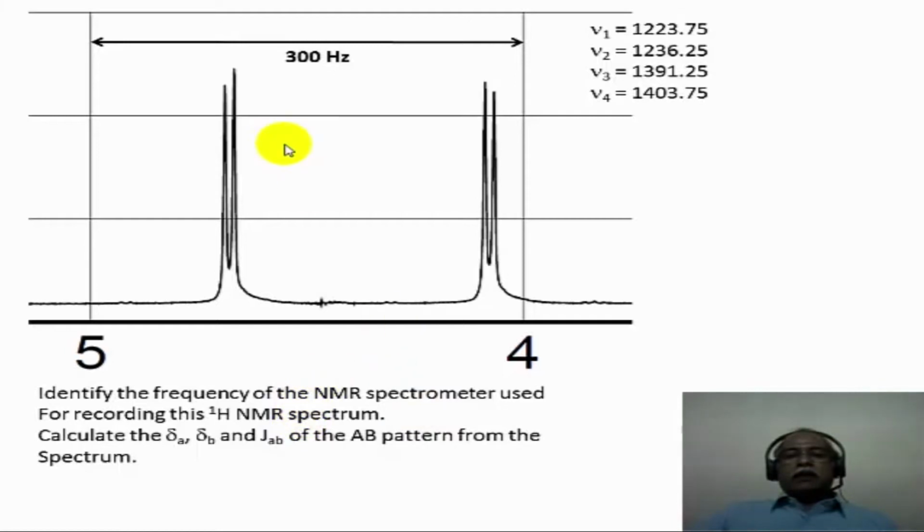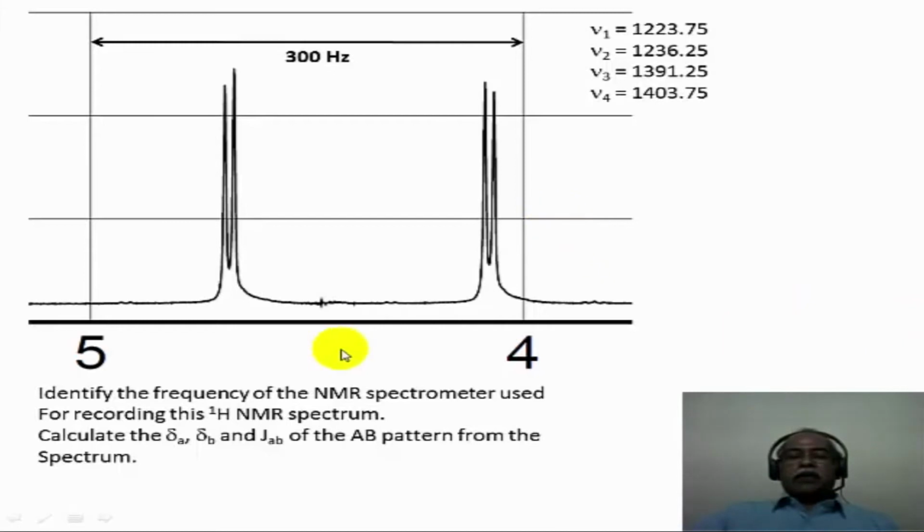So how do we do that? This gap, which is 1 ppm, from 4 ppm to 5 ppm, corresponds to 300 Hertz in terms of the spectral width. So if a spectral width of 1 ppm corresponds to 300 Hertz, what would be the spectrometer frequency? Please recall the definition of chemical shift. Chemical shift expressed in delta ppm is the change in chemical shift expressed in Hertz divided by the spectrometer frequency.